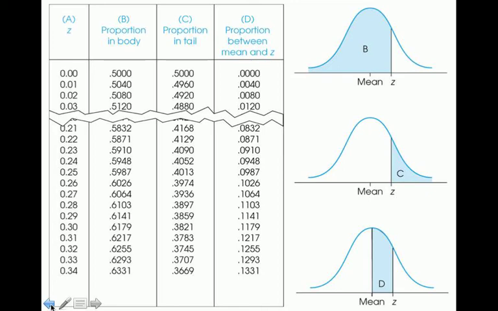If we're interested, for example, in the percentile of someone who gets a z-score of minus 0.34, then we would be to the left of the mean. We would be interested in the tail, and the percentile rank of someone who has a z-score of negative 0.34 would be about the 37th percentile, 0.3669.